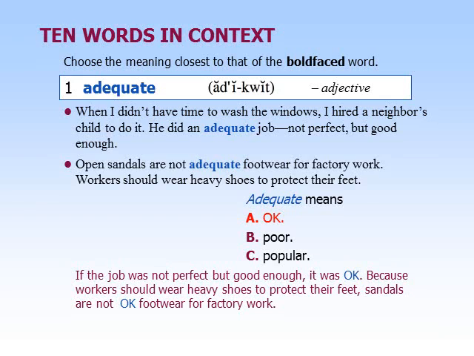So what adequate means, in a sense, yeah, it does mean okay, but it means it's good enough. And it means it's not great, it's not super, but it's good enough. So in terms of grading, in the U.S. system, we have A, B, C, and D. And I'd say that a C is adequate. It's average, it's passing.